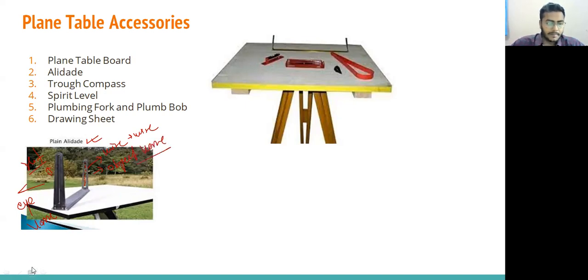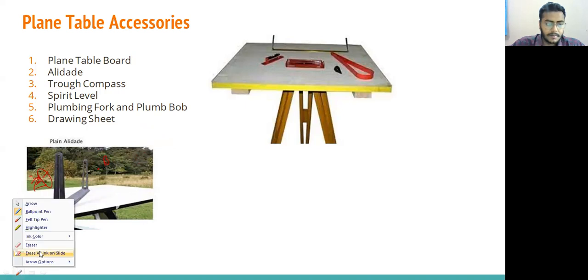For example, suppose this is fixed at station A, and somewhere here there is a station B. We will move this alidade and see from here, and we will try to see station B through the wire.